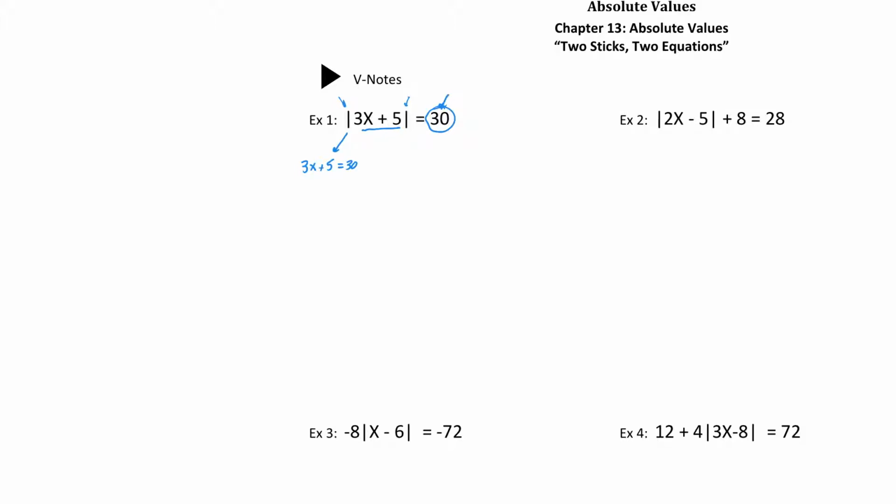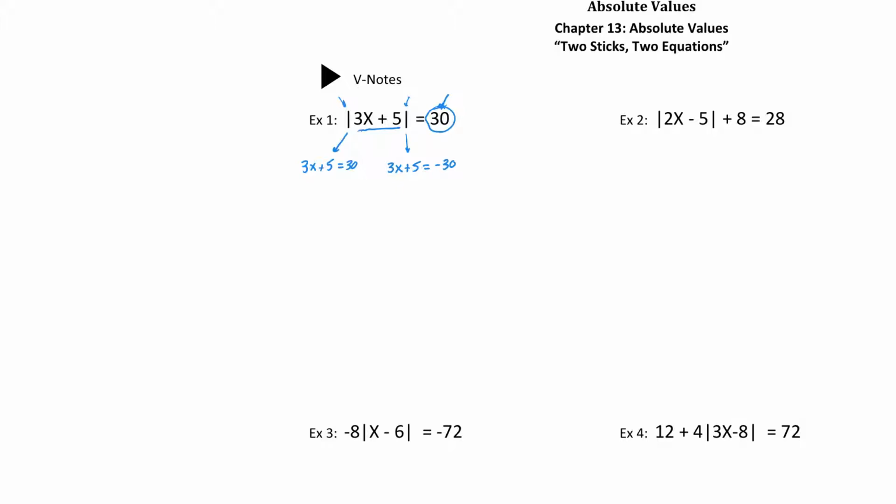And then you take the other stick and turn that into the other equation, which is the same exact inside, but now it's set equal to the negative of whatever's over there. So 2 sticks, 2 equations.